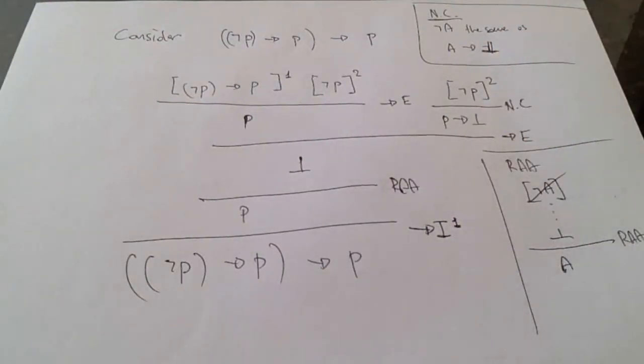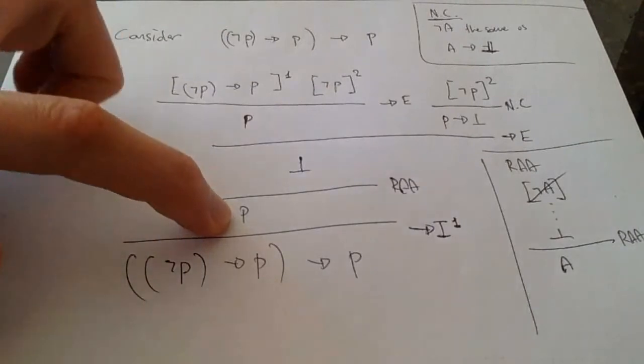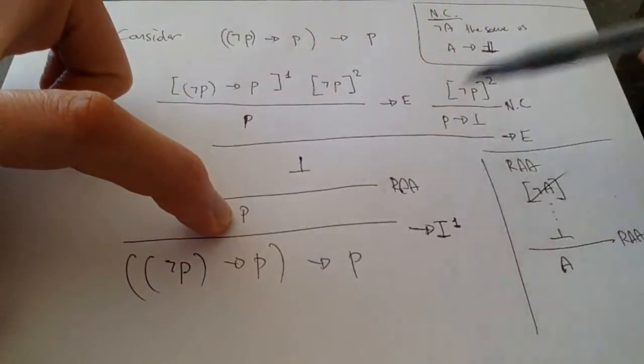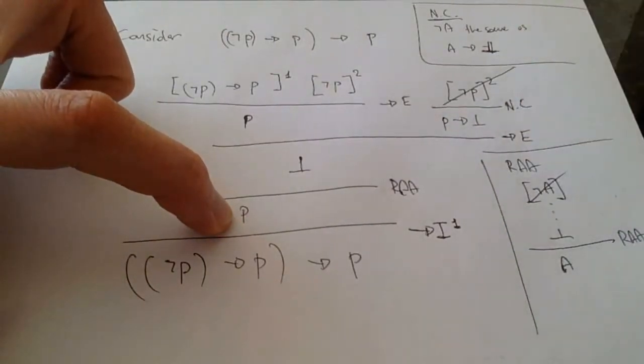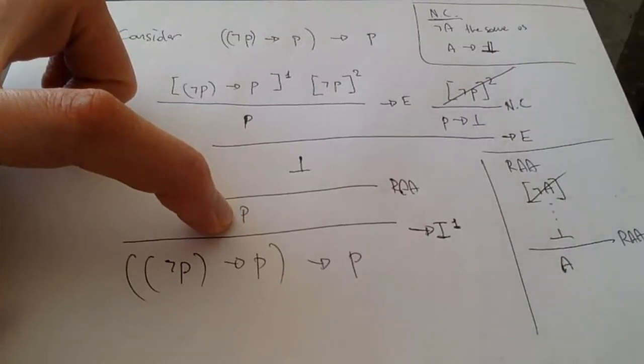So I'm going to do the same here. I started from not P, I got through a number of steps and I got to the contradiction. So I can assert P through my reductio ad absurdum rule and cancel my assumption here, which is precisely what I wanted to do.